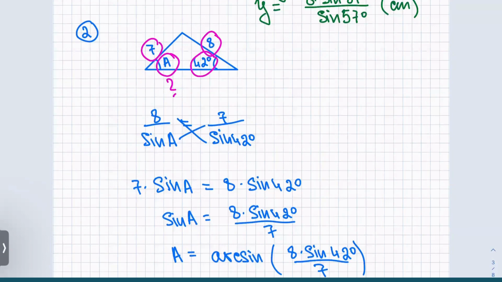Okay, dear students. So when you calculate that, sine 42 degrees will give you some real number, and then you have to multiply it by 8 and then divide by 7, so that will be a real number, and hopefully it will be between minus 1 and 1, because for arcsine it should be.